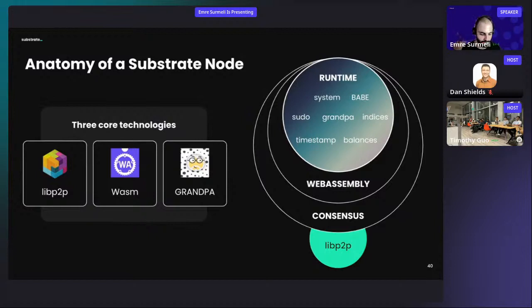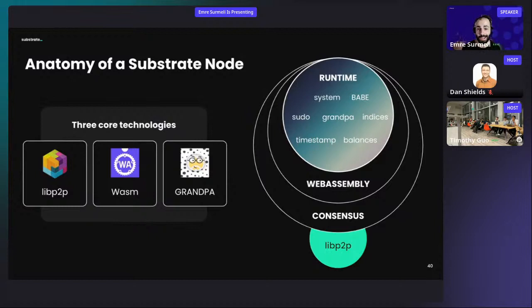Let me spend a couple of minutes talking about the consensus and finality mechanism of Polkadot. It's quite complex, but it has some really cool implications. GRANDPA is the ability to finalize multiple blocks at once. It's a deterministic approach to finalizing the state of the chain, and it has some assumptions baked in.